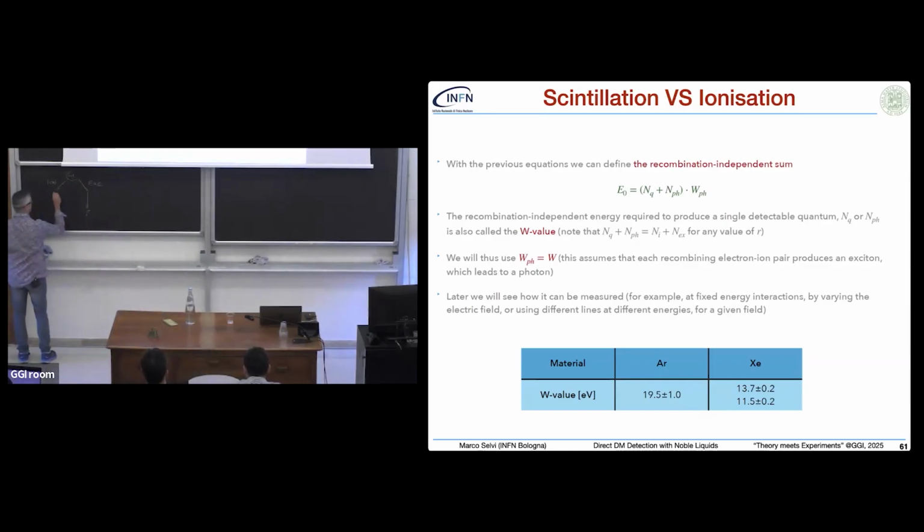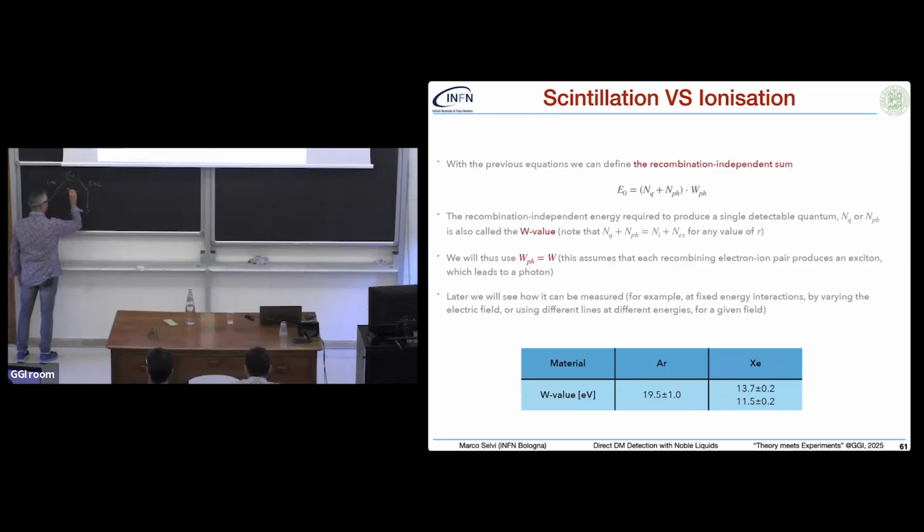What about ions? We have electrons, and if the electron gets free, then we can really collect the electrons. Otherwise, there is a certain probability R that the electrons will recombine.